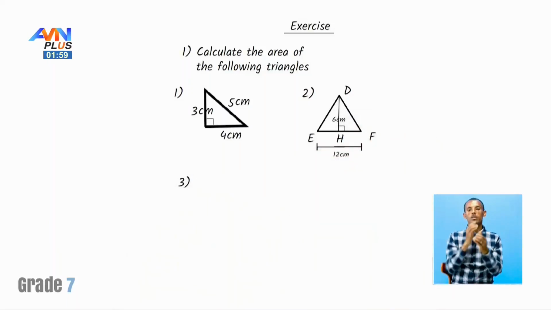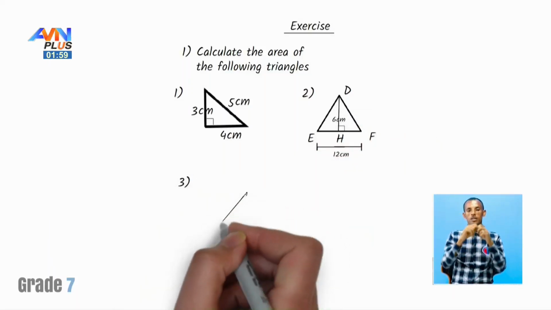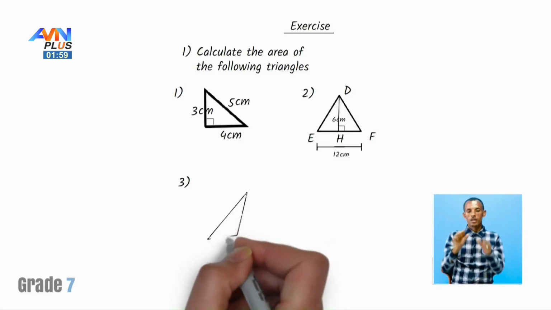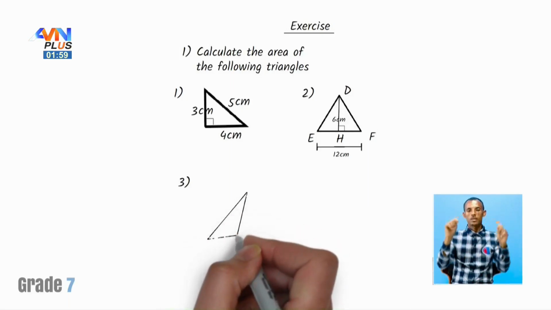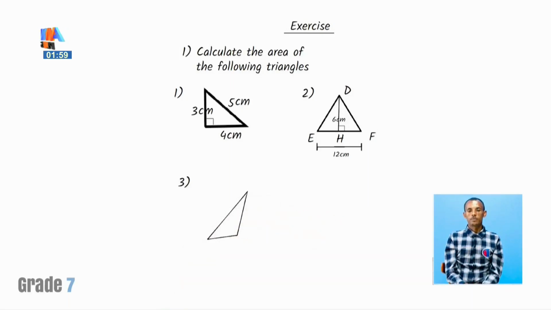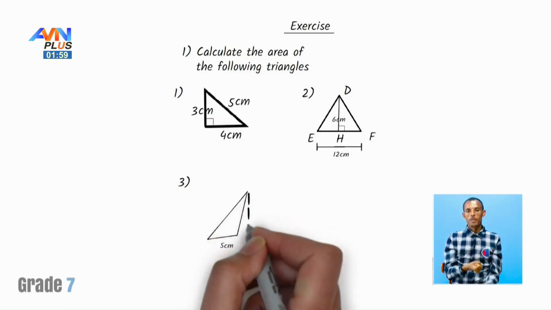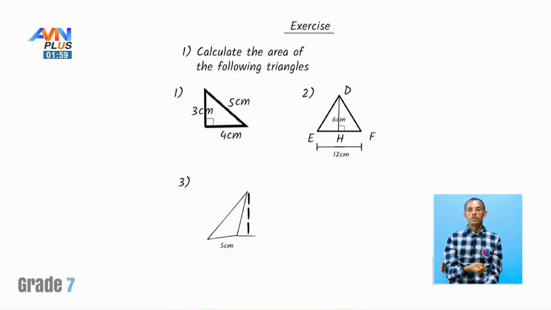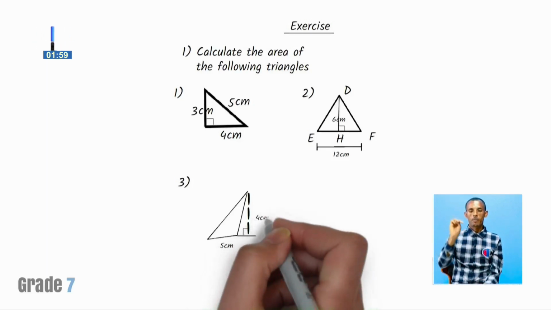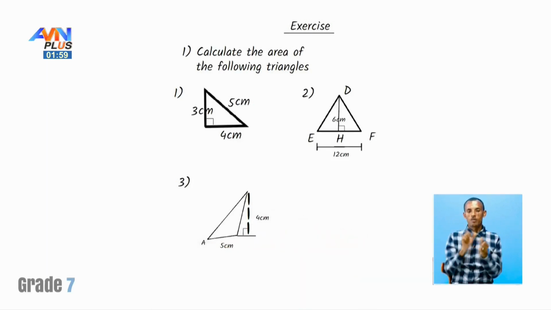Calculate the area of this triangle, and calculate this one also. This one is 5 centimeter. This one is 4 centimeter. Calculate the area of this triangle, triangle ABC. That's it.